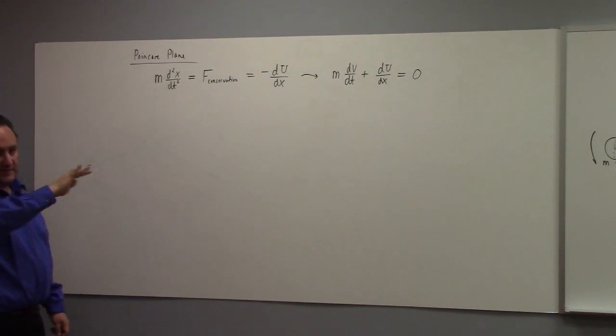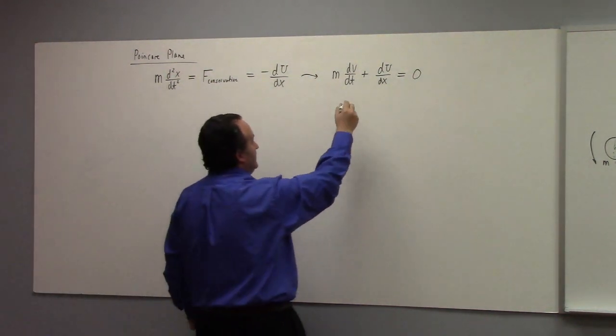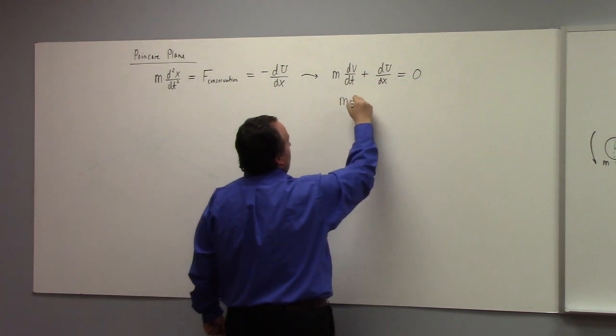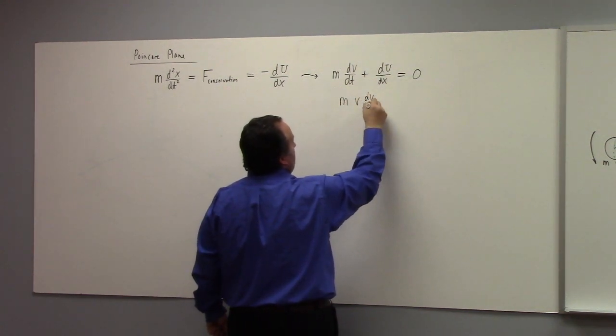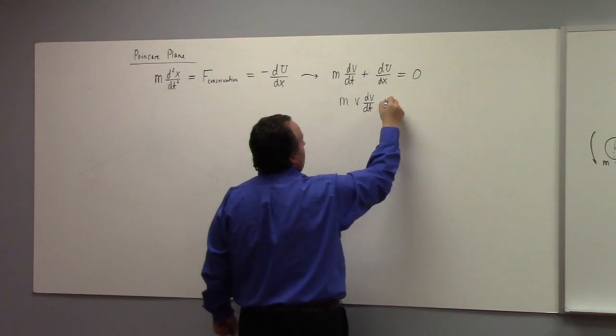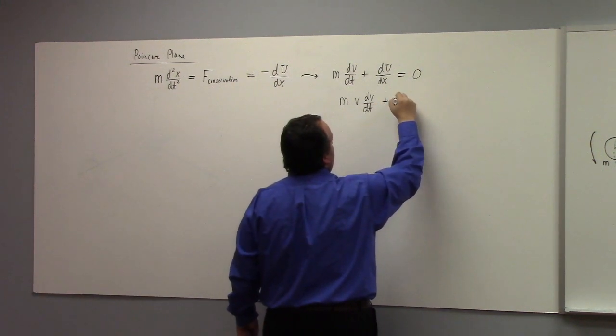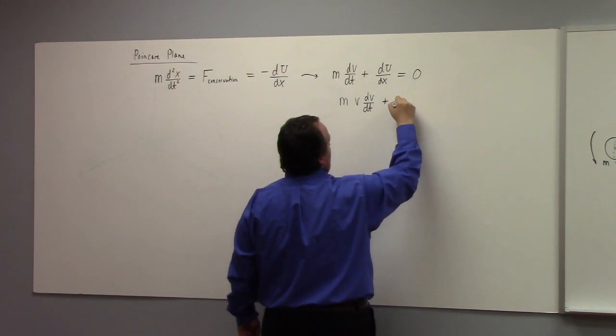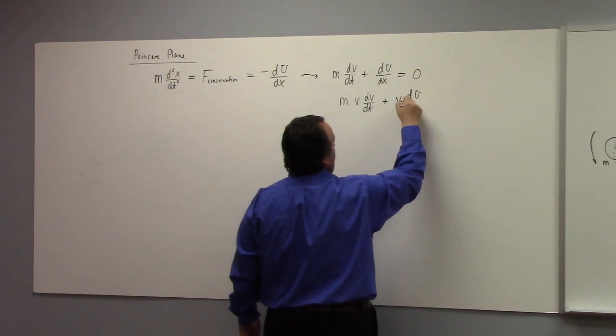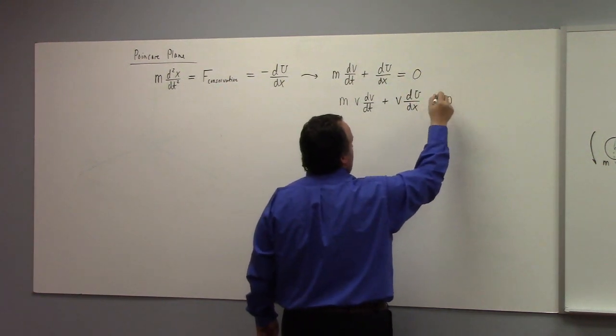Now if I multiply this by v, something interesting happens. So this is m v dv dt plus v du dx. I'll do another line here.